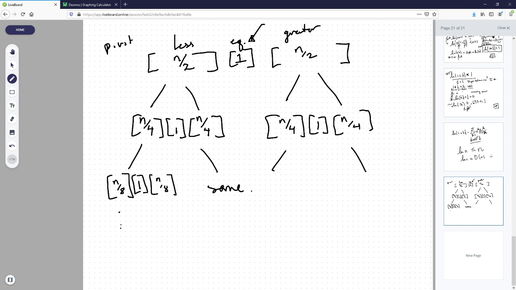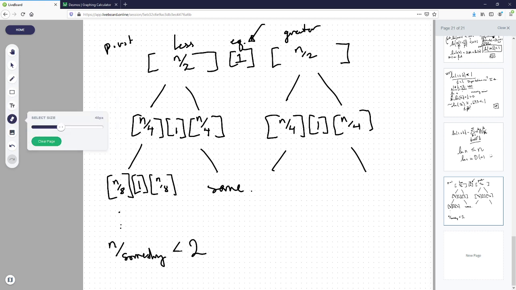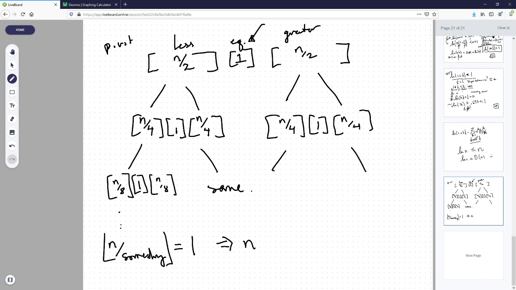So eventually n divided by something is strictly less than 2, meaning either 0 or 1. Let's say that n divided by something is equal to 1. That means that n is, technically rounding down, approximately equal to something.